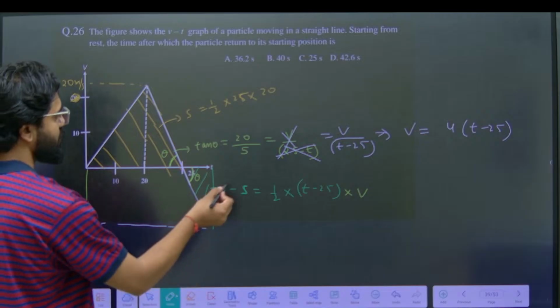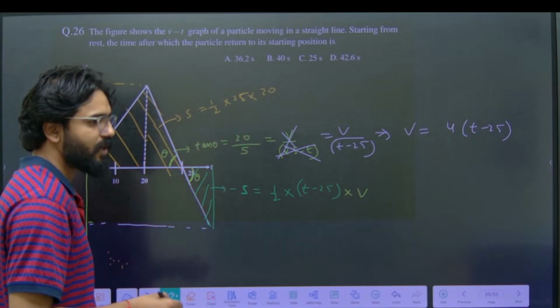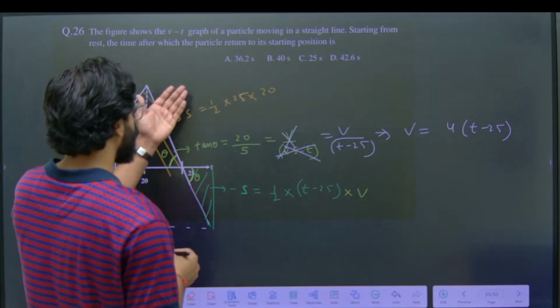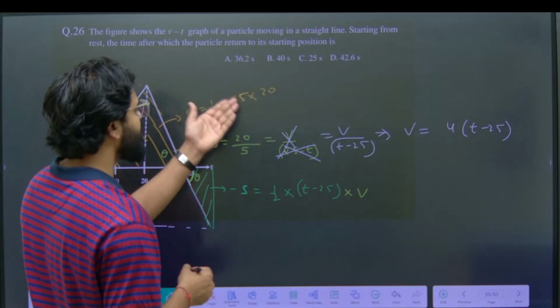These two areas should be the same. This is with positive sign, this is negative sign, so we are just comparing the magnitude.